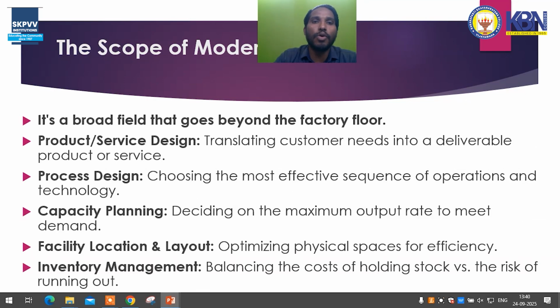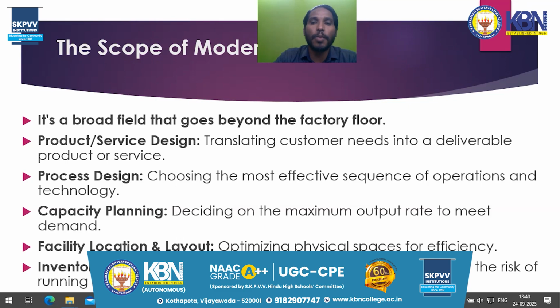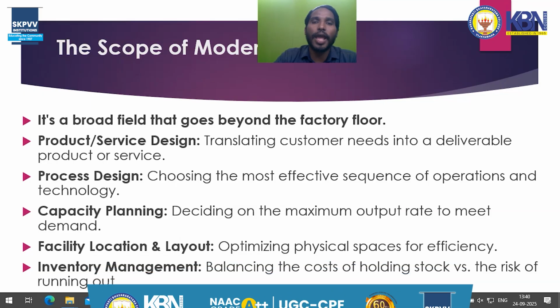The scope of modern production and operations management is a broad field that goes beyond the factory floor. Here, product or service design translates customer needs into delivered products or services. It also covers process design, choosing the most effective sequence of operations and technology, capacity planning, deciding on the maximum output rate to meet the demand, and facility location and layout.